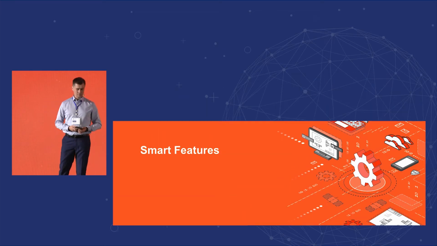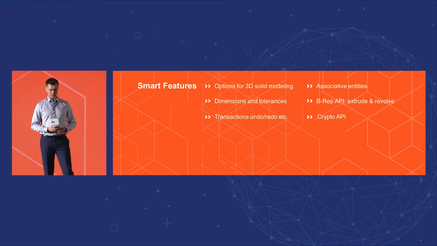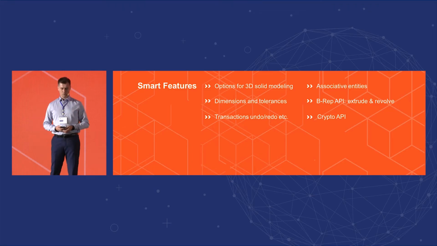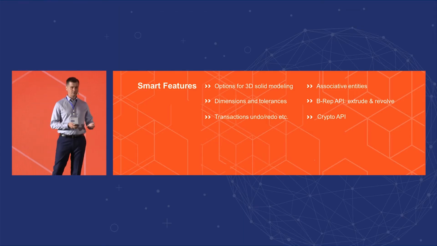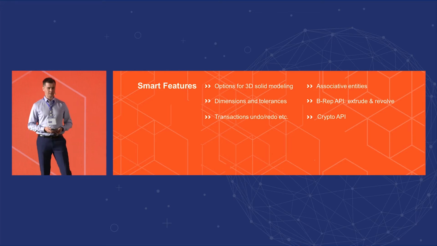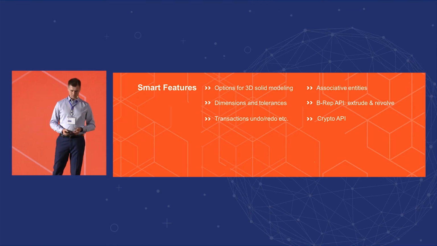I'll briefly enumerate the ones that we introduced later. There were options for 3D solid modeling, dimensions and tolerances, transactions and do-redo, BREP API with extrude and revolve functionality, crypto API, and associative entities.